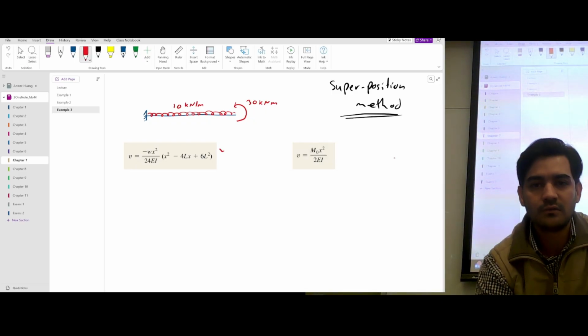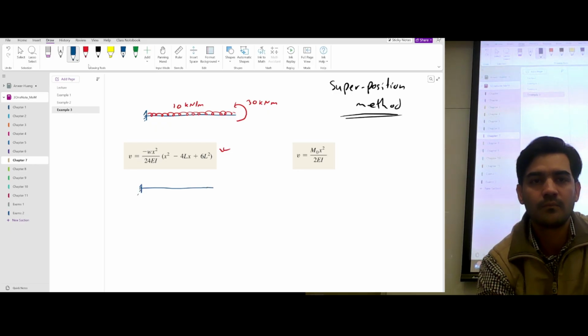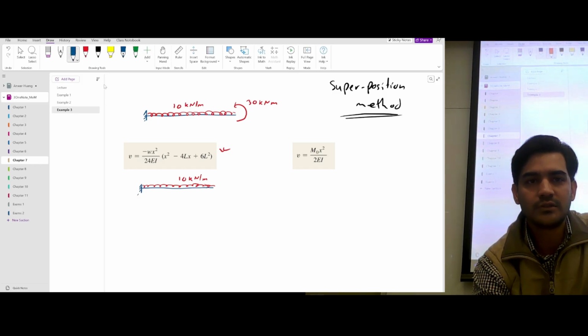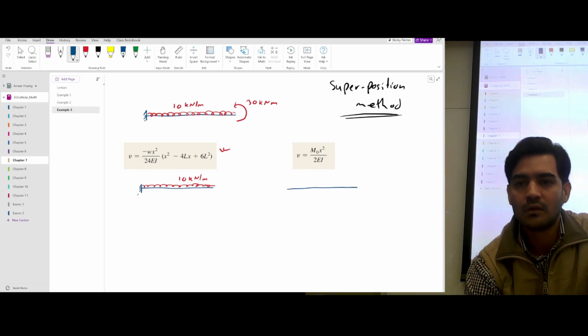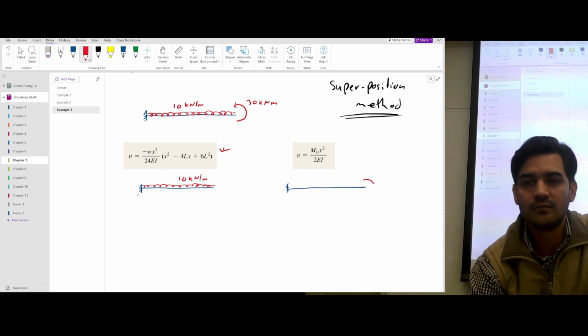This equation is for the case where you have a uniformly distributed load, and this equation is for the case where you have only moment.